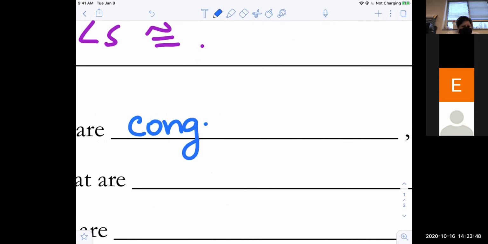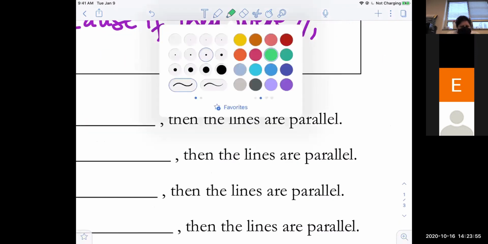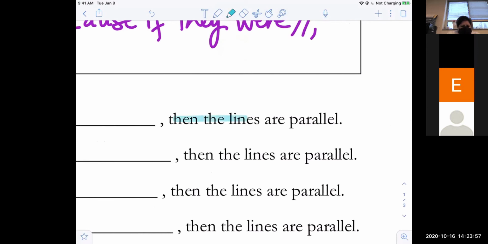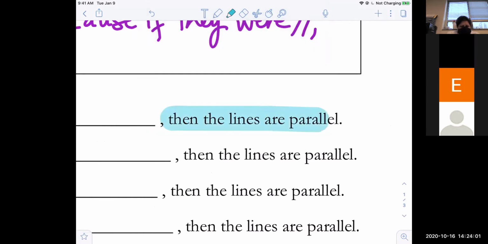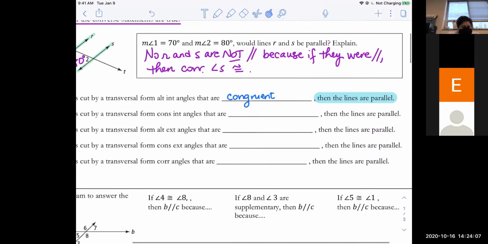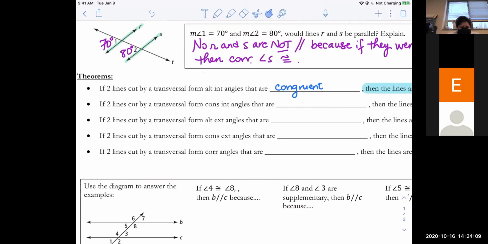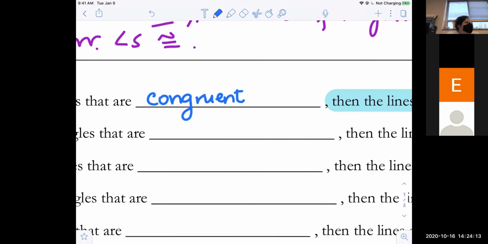If two lines cut by a transversal form alternate interior angles that are congruent, then the lines are parallel. We're not starting with parallel lines, we're concluding parallel lines. If two lines cut by a transversal form consecutive interior angles that are, how should they be related? Sam? They should be supplementary.